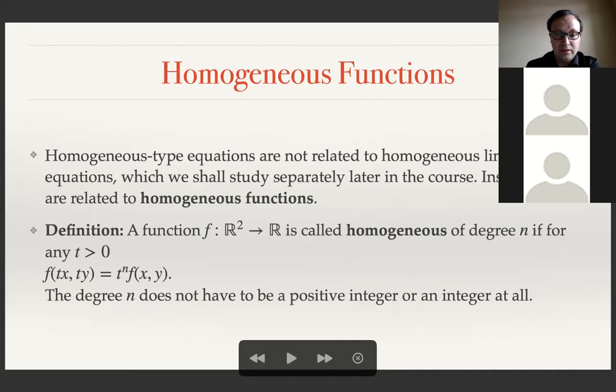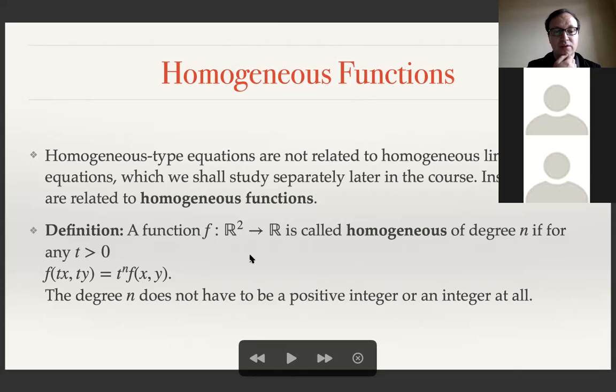Before that, let's make this distinction between homogeneous type equations, which are first order equations and in general nonlinear, and on the other hand, homogeneous linear equations, which are linear equations for which the source term is 0.